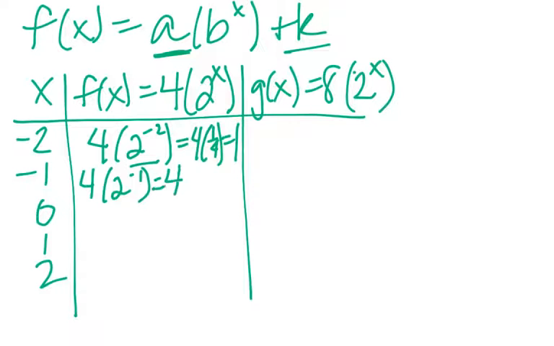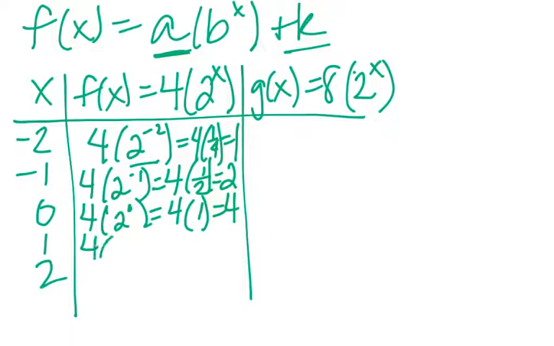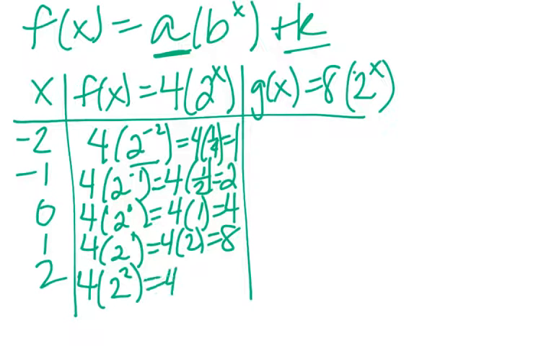So that's 4 times 1/2, which is 2. 4 times 2 to the 0, well, we know 2 to the 0 is 1, so this is 4 times 1, which is 4. 4 times 2 to the 1, which is 4 times 2, which is 8. And 4 times 2 squared, which is 4 times 4, which is 16. Okay, so our key values, or values that we're going to plot, are 1, 2, 4, 8, and 16.